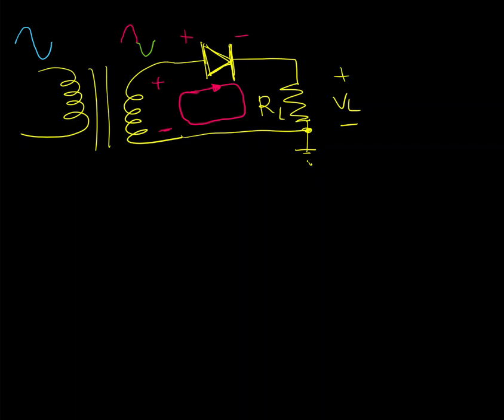This is our V secondary peak. So our VL is going to equal that V secondary peak minus the 0.7 volt drop of the diode, for the positive cycle.